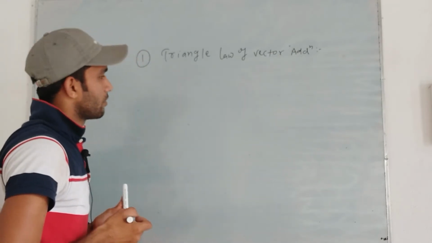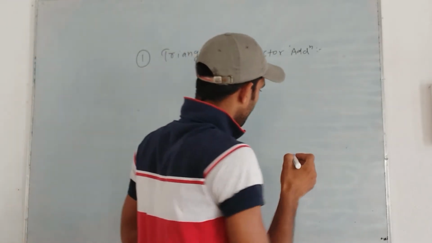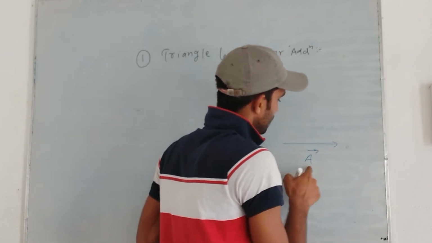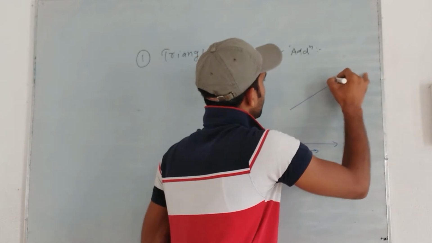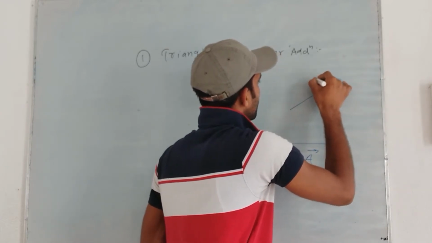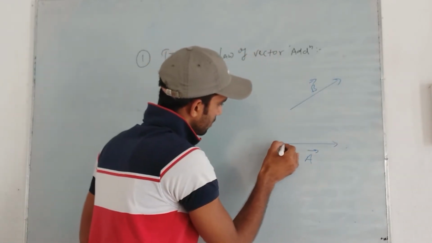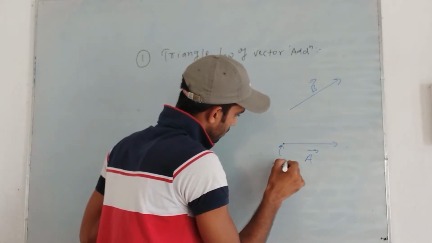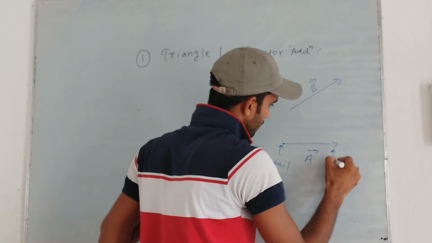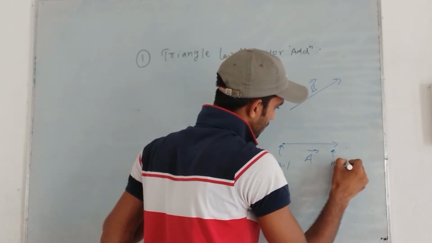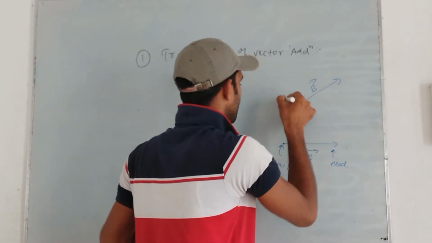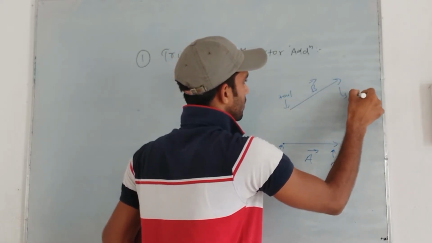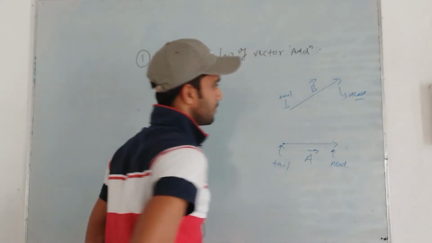So in the triangle law of vector addition, if we are given two vectors in a space, this is vector A and this is your vector B, right? As we know from lecture 1, this is the tail of vector A and this is the head of vector A, and similarly this is the tail of vector B and this is the head of vector B, right?